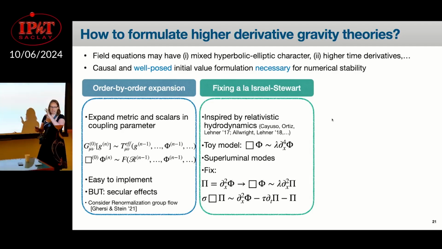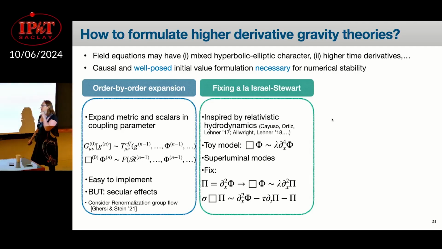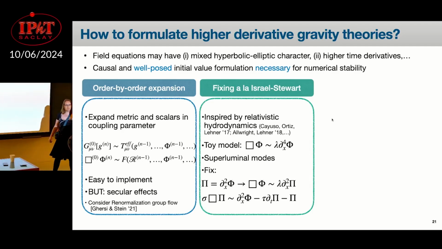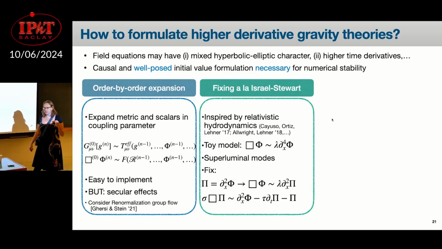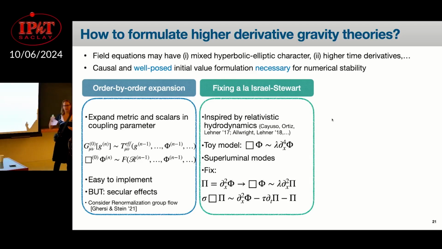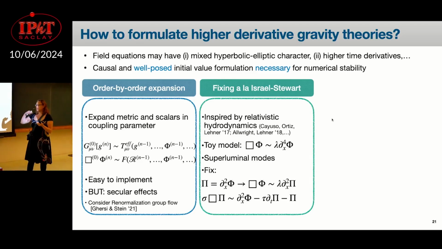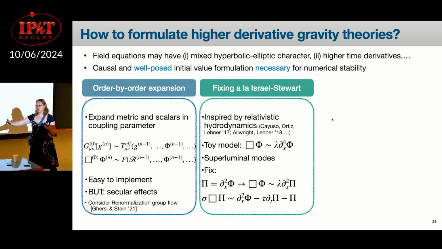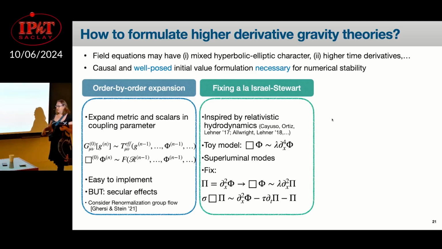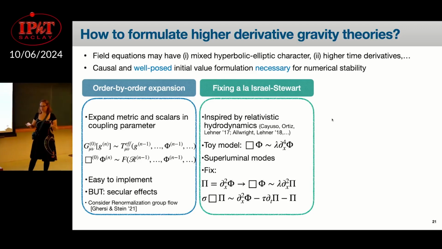Then another approach, and I can go into details afterwards, is to try and regularize the equations in the same way as this is done in relativistic hydrodynamics, where people use a trick that's called Israel-Stewart, where we basically introduce auxiliary variables and an ad hoc evolution equation that drives them to the solutions that they should be. And this is what people do, as I said, for relativistic Navier-Stokes equations, which are ill-posed.